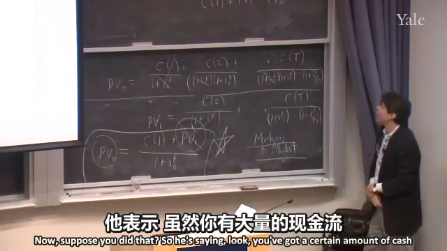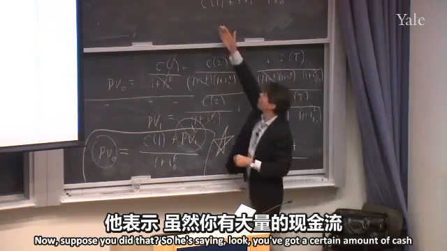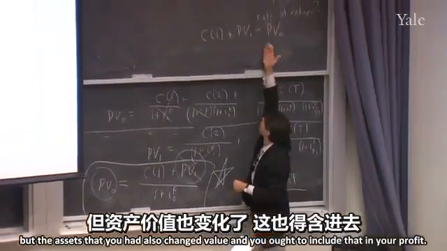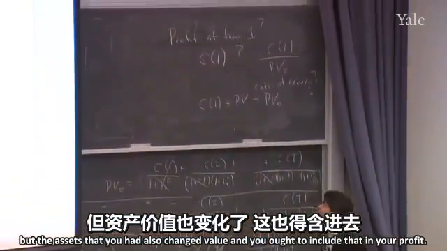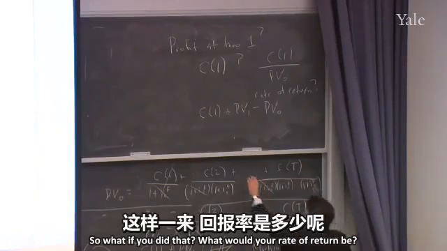Now, suppose you did that. He's saying, look, you got a certain amount of cash, but the assets that you had also changed value, and you ought to include that in your profit. So what if you did that? What would your rate of return be?